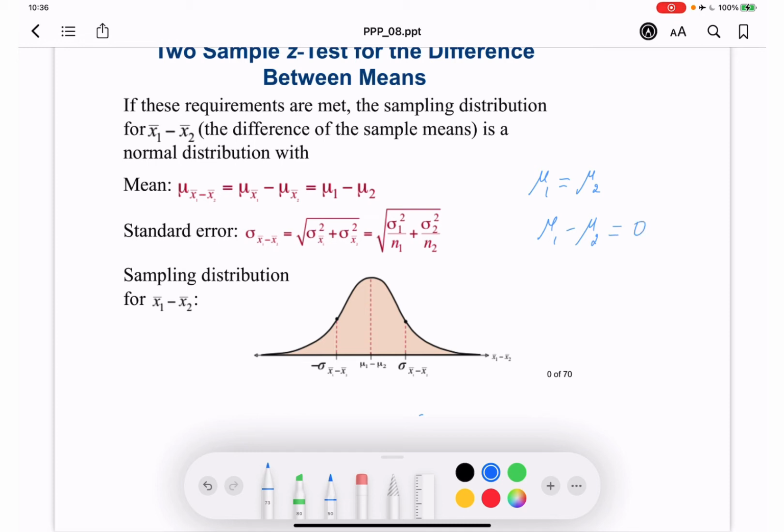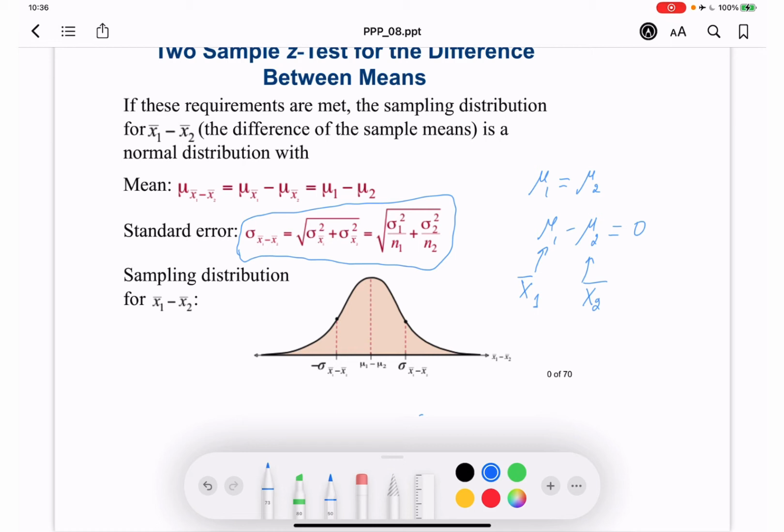Therefore, since our test works with samples and draws conclusions about the population mean, in this case mu1, the sample average is going to be x1, and the sample average for mu2 is going to be x2. And sigma, this is our standard error formula. Sigma is the standard deviation of the population, which we also call the standard error.